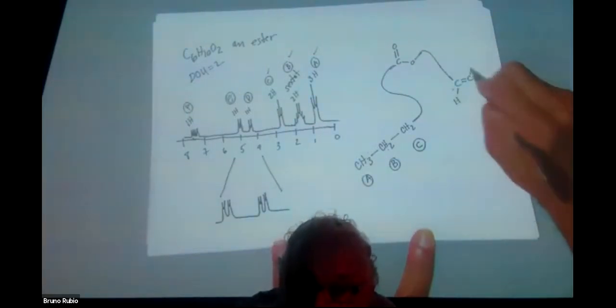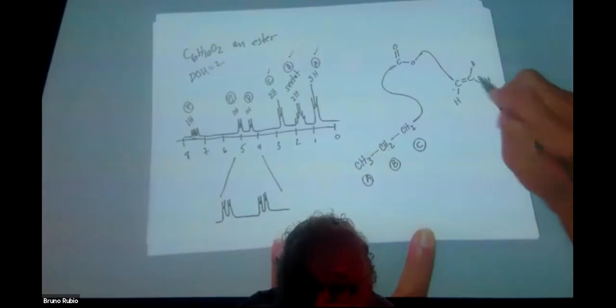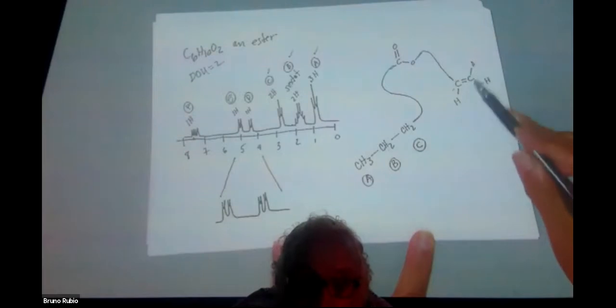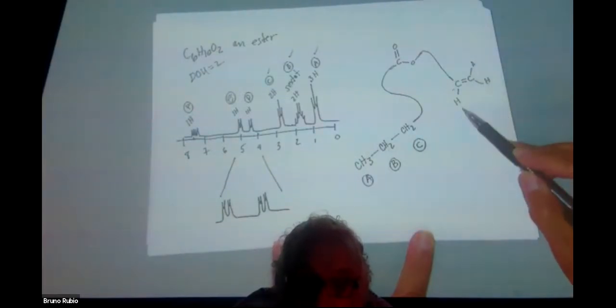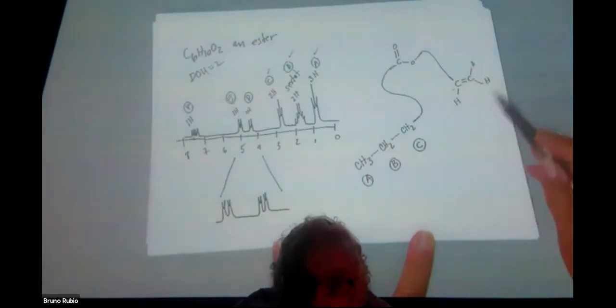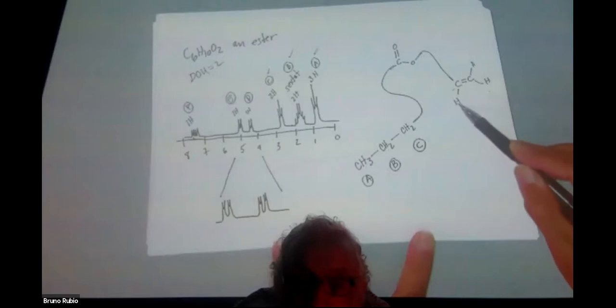There's a hydrogen there, and a hydrogen there. So tell me, look at these hydrogens here. Which one is the F proton? Well, it's probably this one, right? Closer to that oxygen.